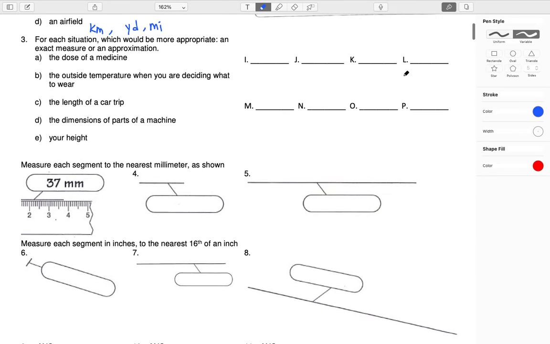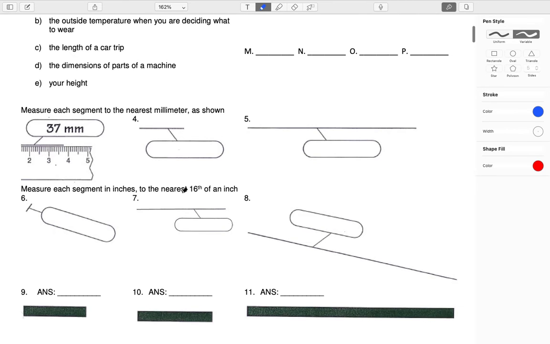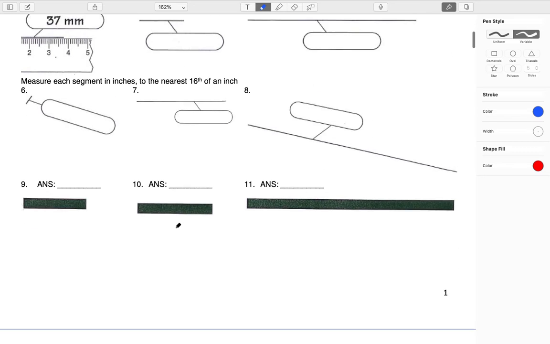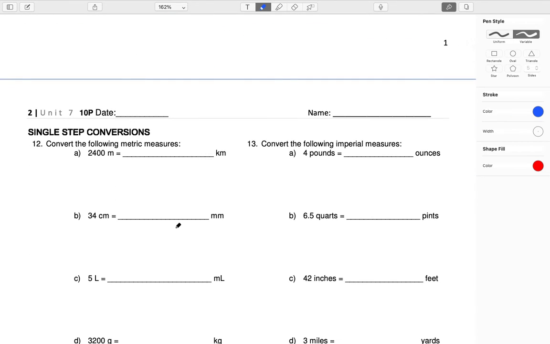Now for this one, you can practice using the ruler that you have. Numbers 4 to 8 were given so that you know how to use a ruler, using centimeter or millimeter ruler and inches ruler. Okay, so I wouldn't worry too much about this. The most important part is conversion.